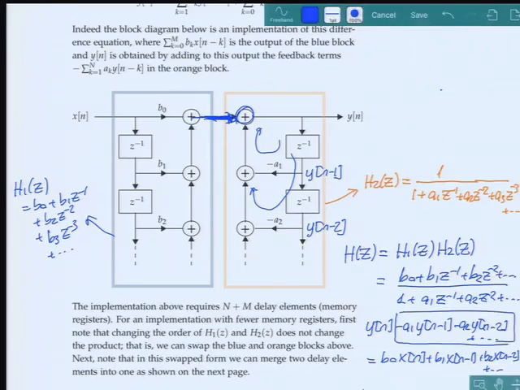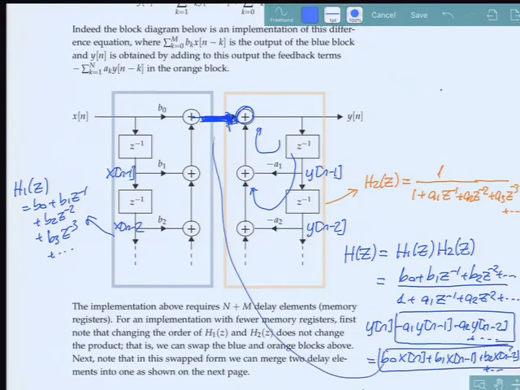Okay? Now, where is this arrow hidden in the equations? What is this arrow anyway? It's the sum of b0 x of n plus b1 times x of n minus 1, and this is x of n minus 2. So the right-hand side is really this. All of what this equality says in the difference equation is just happening here.